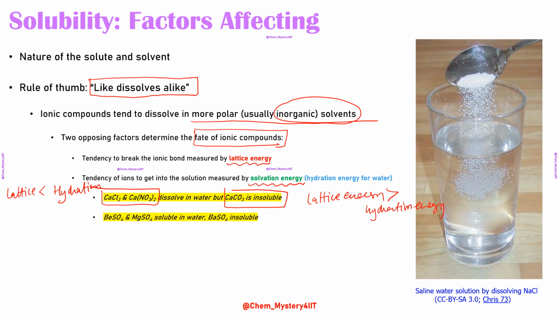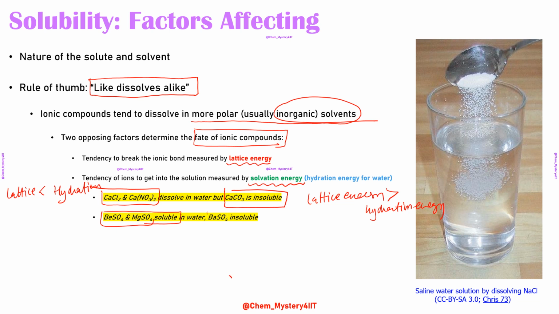Also, we have other examples where we have the cation the same. In the first case, the cations were the same. In the second case, we have taken anions which are the same. Here, beryllium and magnesium sulfate are known to be soluble in water. Again, the very high hydration enthalpy for beryllium makes the overall hydration energy higher in comparison to the lattice energy.